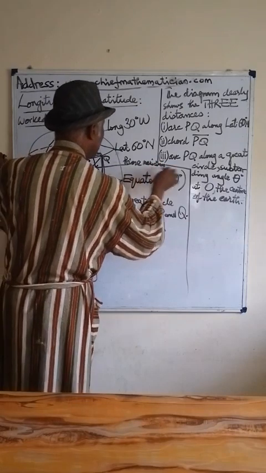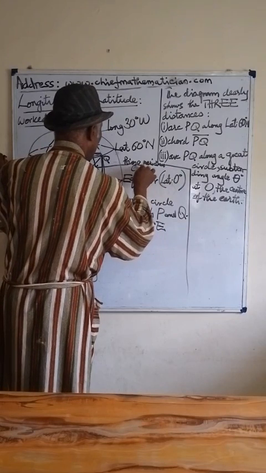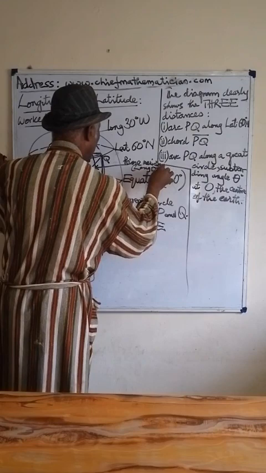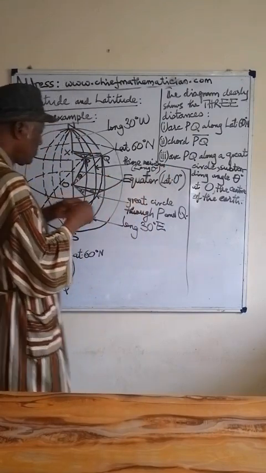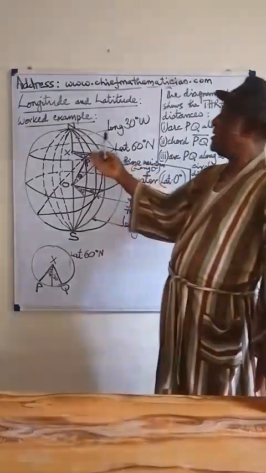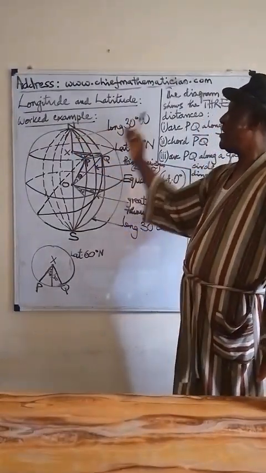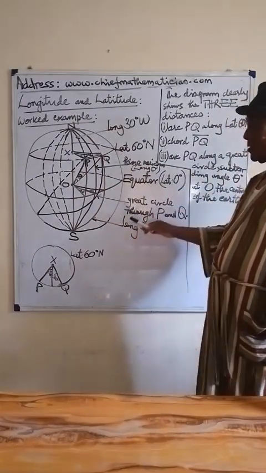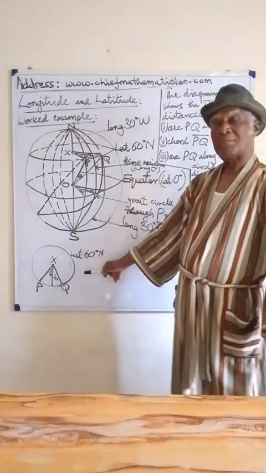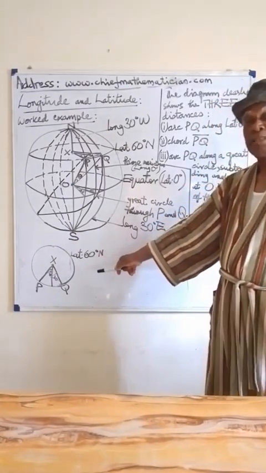The prime meridian is longitude 0 degree. So with reference to the prime meridian, you have longitude 30 degrees west and longitude 30 degrees east. This diagram clearly shows the positions.